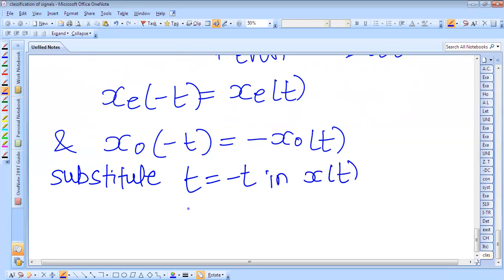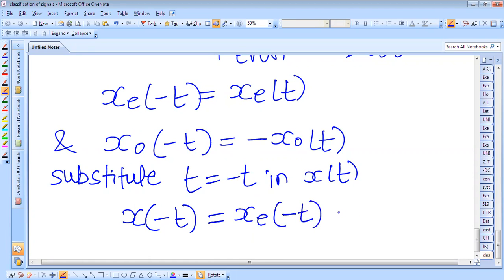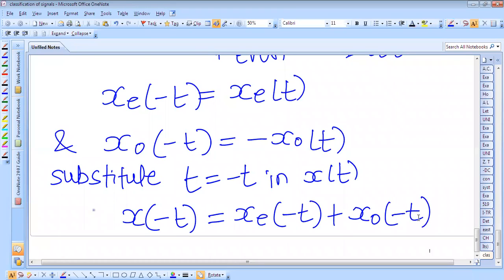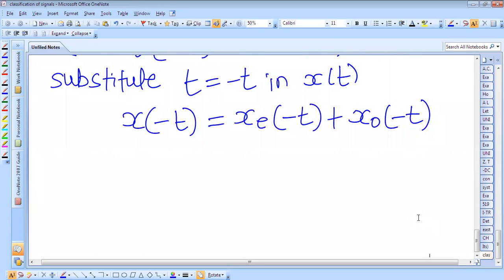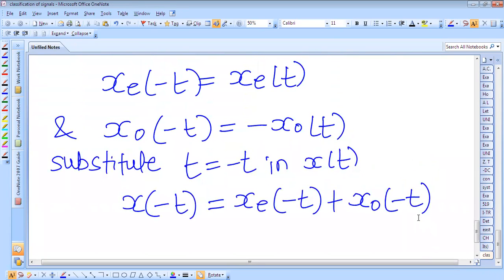If you put that, what is the equation? x of minus t is equal to x e of minus t plus x o of minus t, so we have to again put the minus. Now, what is x e of t?